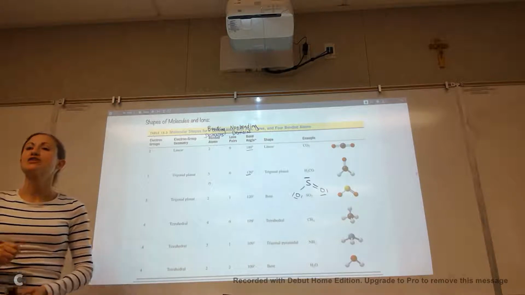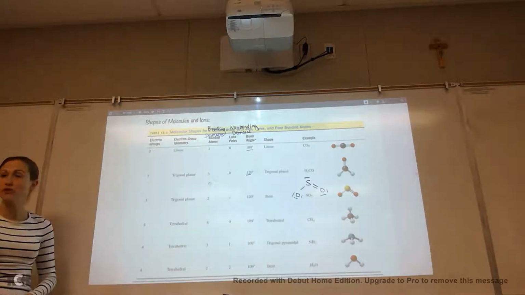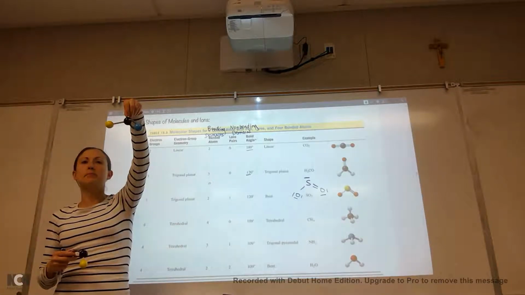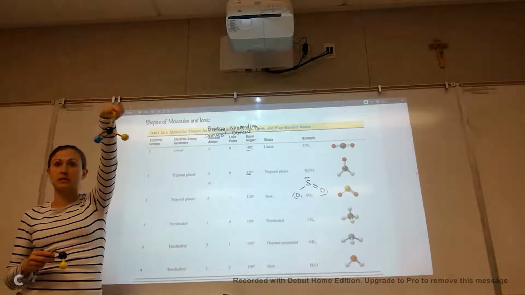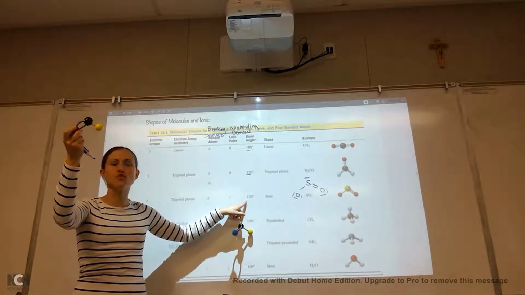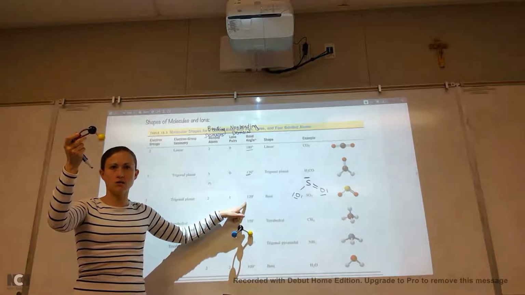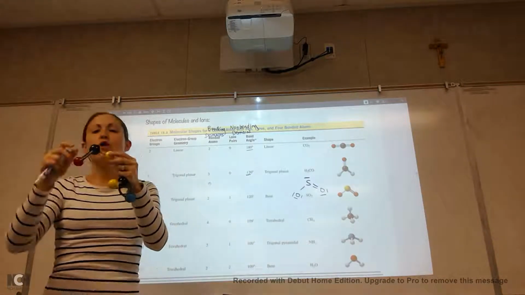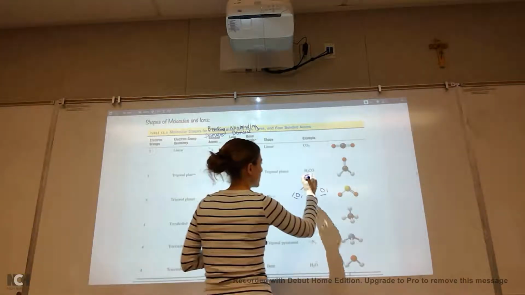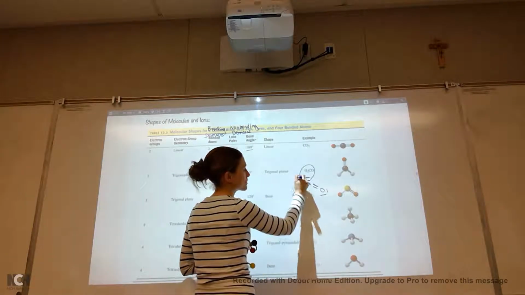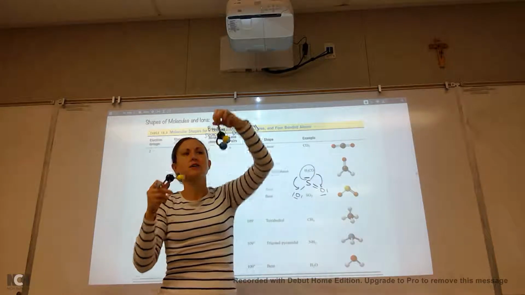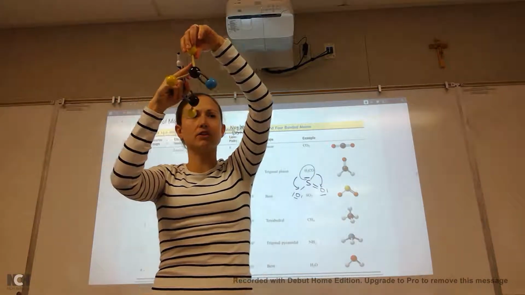Okay? Here's the one thing I do need to change, and this is one of the new things that I'm teaching right now. This has a bond angle of 120 degrees. This, they said, has a bond angle of 120. They're wrong. The lone electrons at the top of this actually force the atoms, they push them down more than just a regular bond would.